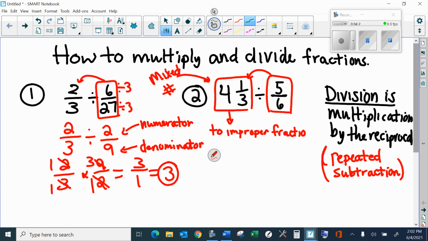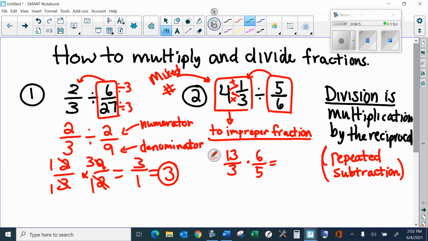One where the numerator ends up being greater than the denominator, but there's no whole numbers left. We're getting rid of the whole number and moving it into the numerator spot. So how do you do that? You go 4 times 3 and then plus that 1. So 4 times 3 is 12 plus 1 is 13 over 3. 5/6 does not simplify, or else I would do that. Division gets changed to multiplication by the reciprocal.